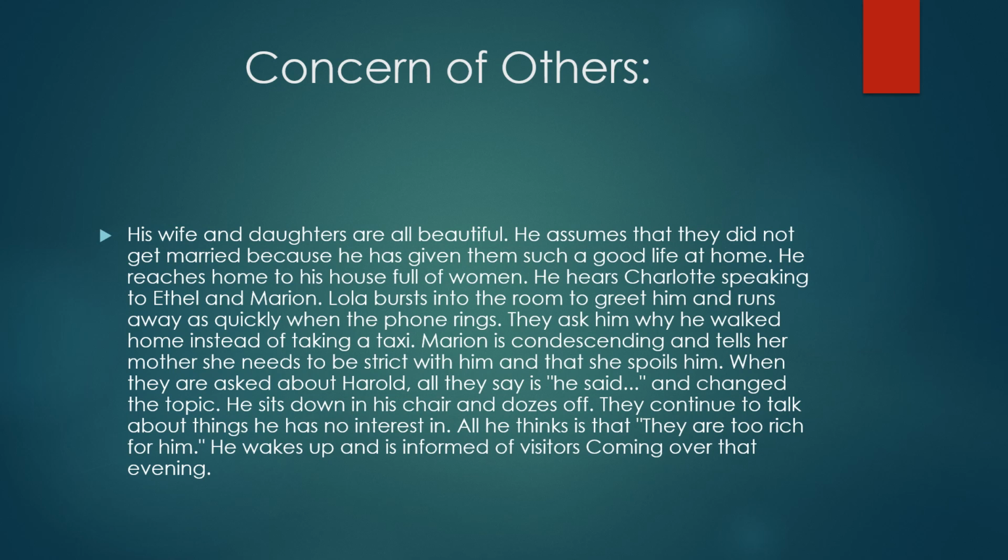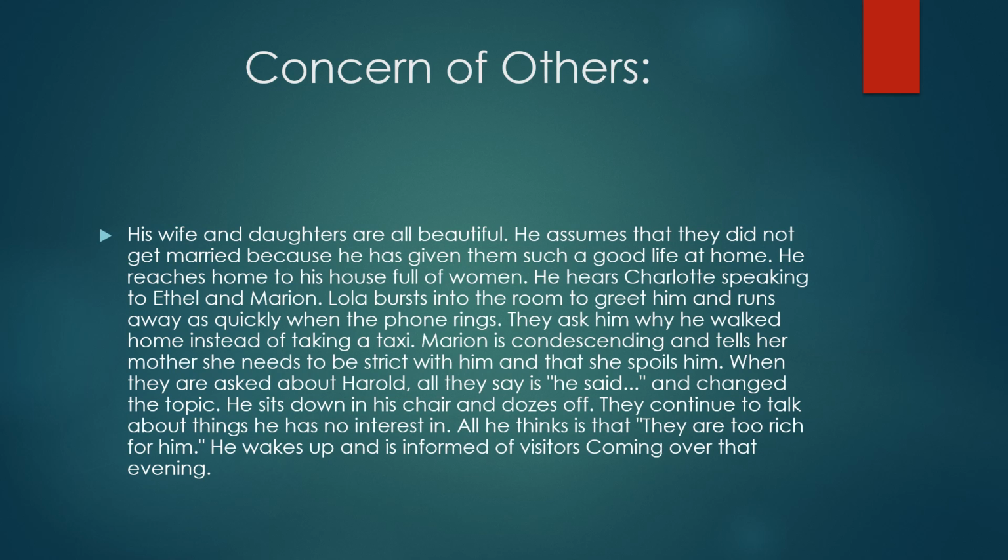He reaches home, a house full of women. He hears Charlotte speaking to Ethel and Marion. Lola bursts into the room to greet him and runs away as quickly when the phone rings. They ask him why he walked home instead of taking a taxi. Marion is condescending and tells her mother she needs to be strict with him and that she spoils him.